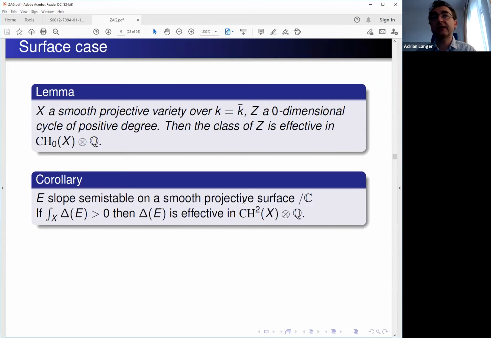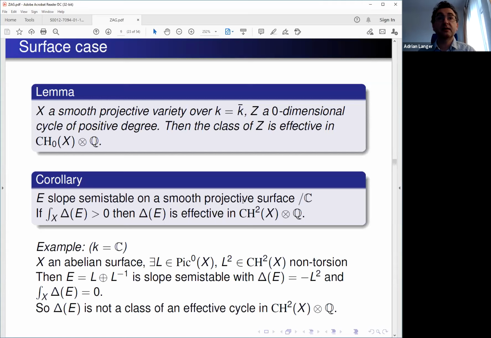So we are left with the case where the degree of the discriminant is equal to 0, and we already saw that this is connected to flat vector bundles on our variety. Unfortunately, this effectivity doesn't work in the case where the degree of the discriminant is equal to 0, and there are some easy examples over complex numbers.